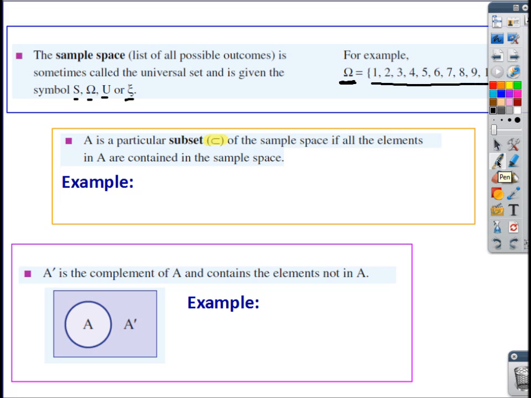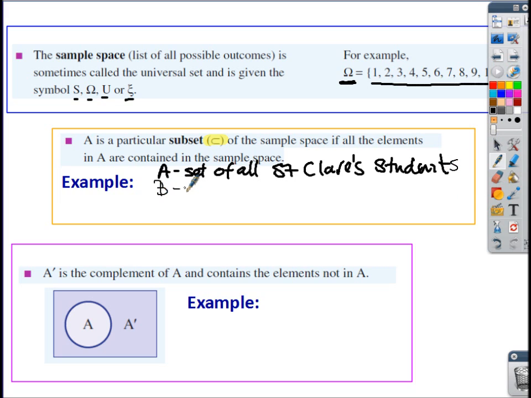So the example that we used in class was, if A is equal to the set of all St. Clair's students, and if B is the set of all Year 9 St. Clair's students, then I could say that B is a subset of A, and I would write it using that notation there.